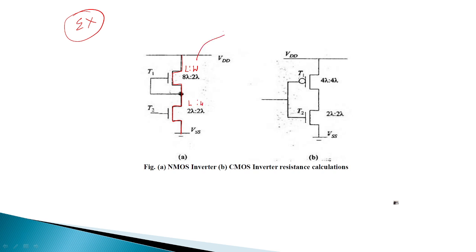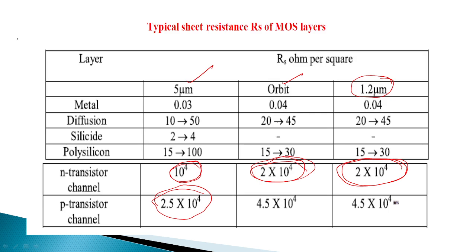As you know, the resistance is defined as R_AB equals the standard resistance multiplied with ZL. ZL means length by width. Here, the standard resistance for this NMOS transistor, from the table, is 10 power 4 ohms for the 5 micrometer design rule.